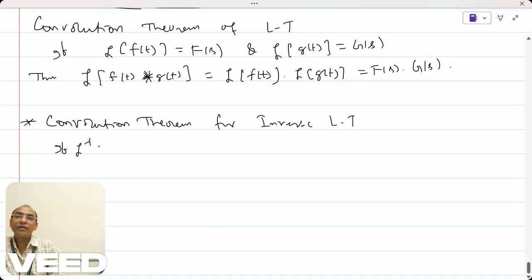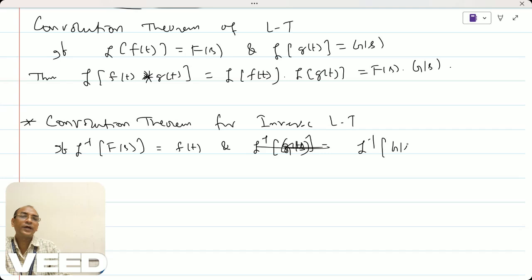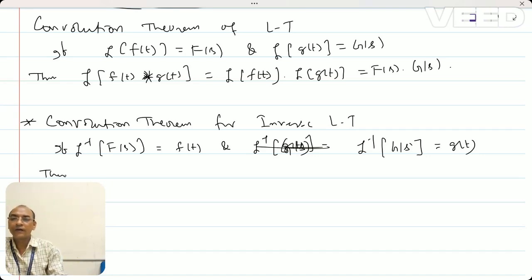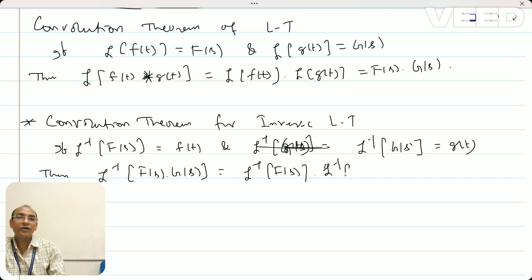If L inverse of F(s) is f of t, and L inverse of G(s) is g of t, then L inverse of F(s) times G(s) will be L inverse of F(s) into L inverse of G(s), and that is equivalent to f of t star g of t.